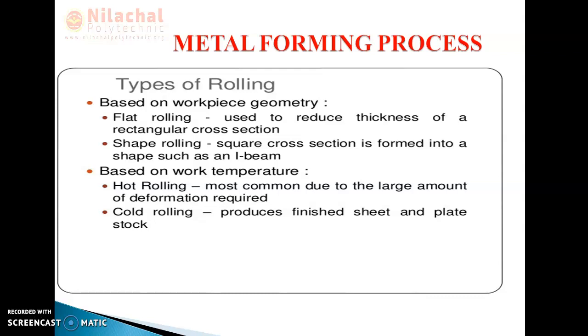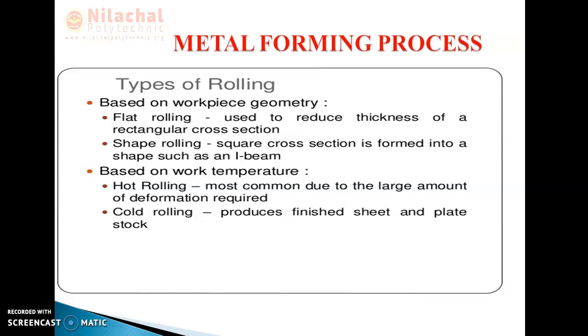Number one, flat rolling, which is used to reduce the thickness of a rectangular cross section. Number two, shape rolling, where a square cross section is formed into a shape such as an I-beam.